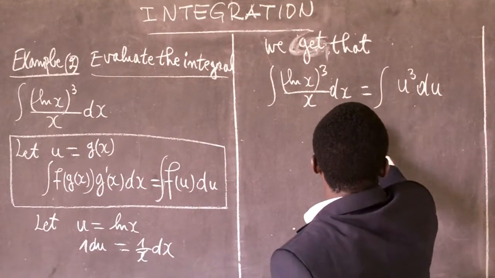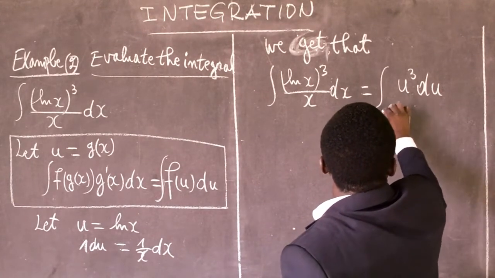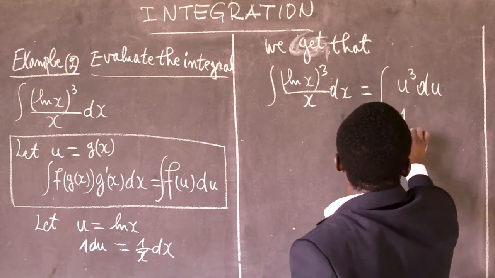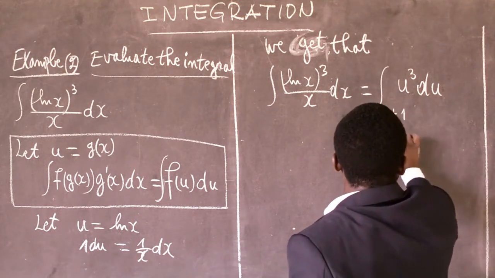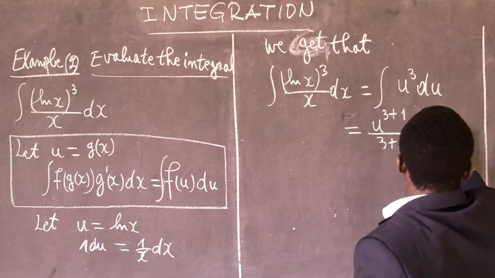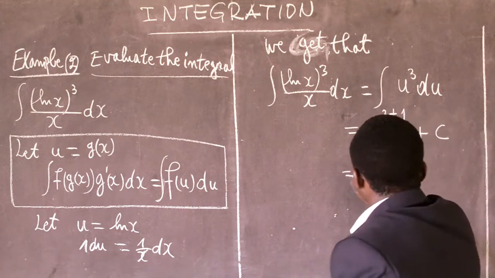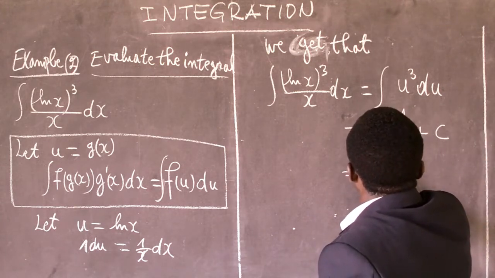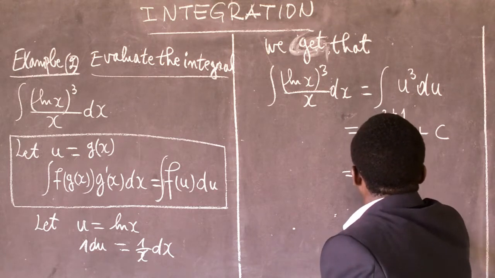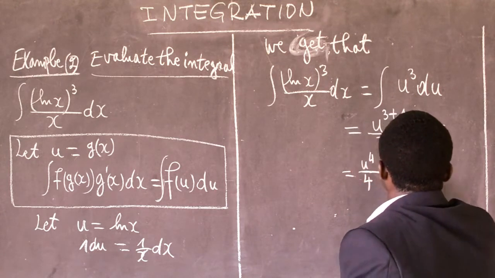Finally, we get u^(3+1) over (3+1) plus c. Then finally we get u^4 over 4 plus c.